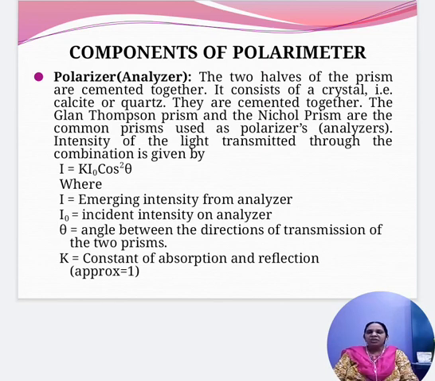Intensity of the light transmitted through the combination is given by I = K I0 cos²θ, where I is the emerging intensity from the analyzer, I0 is the incident intensity on the analyzer, θ is the angle between the directions of transmission of the two prisms, and K is the constant of absorption and reflection.